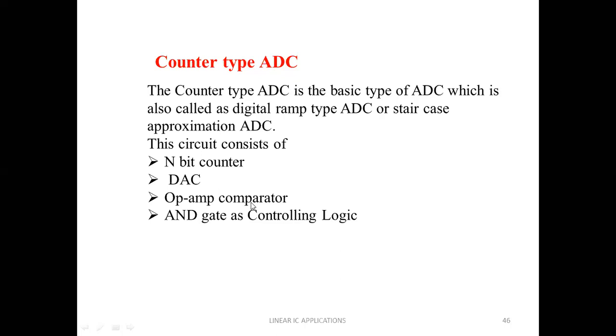As you know the logic of the AND gate: when both the inputs are 1, the output is high. That means in order to make the output high, both inputs should be 1. If any one of the inputs is 0, the output is low. So we just have to revise those concepts.